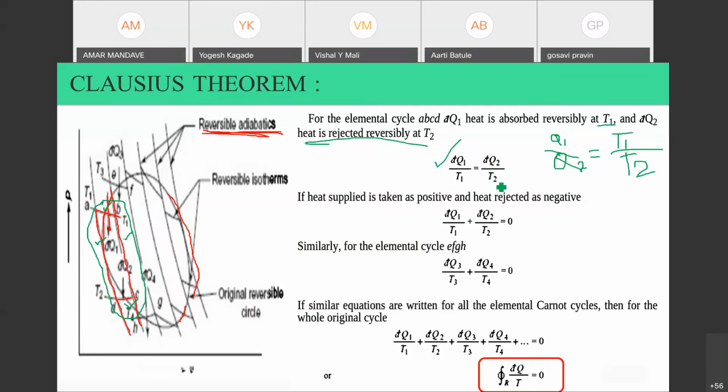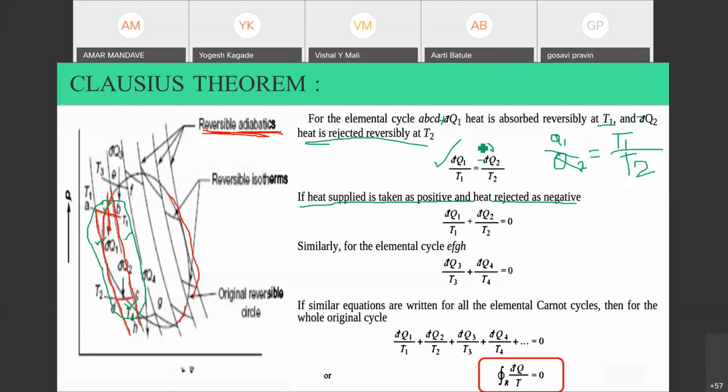Now, if heat supplied is taken as positive and heat rejected is taken as negative, here we are considering the sign convention of the heat interaction. So dq1 is positive, and the heat rejected dq2 will be negative.